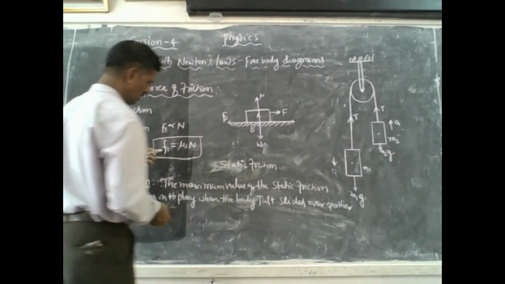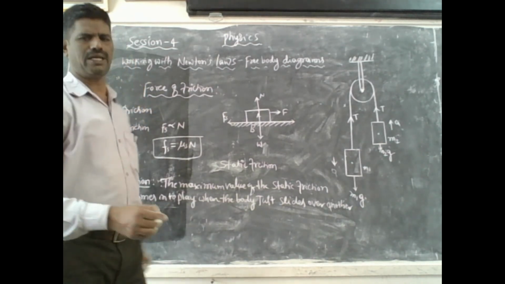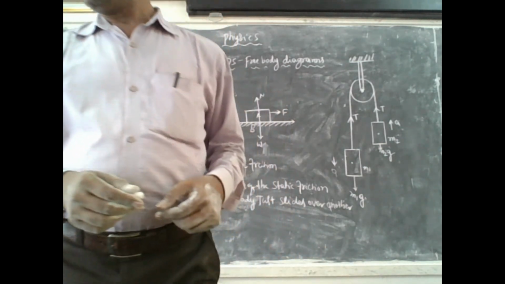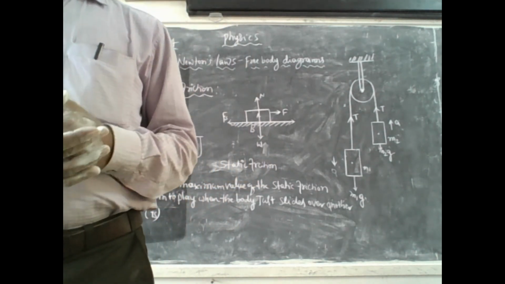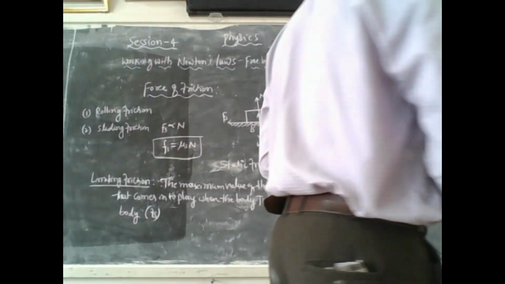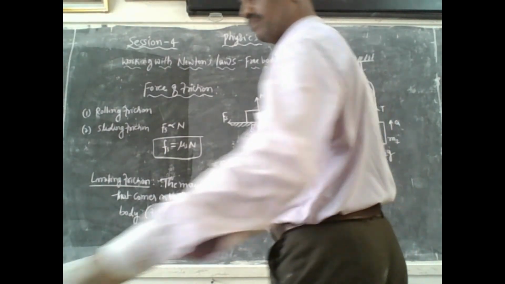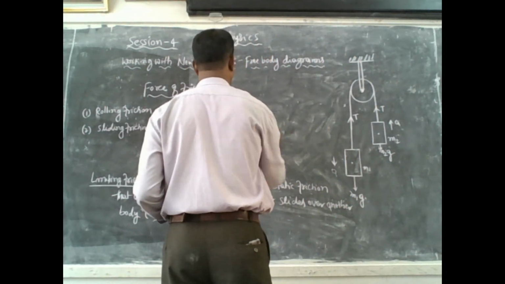Already I have shown you, it is denoted by Fs, isn't it? And the coefficient of limiting friction, that means maximum static friction. The maximum value of the static friction is given by the coefficient of static friction.